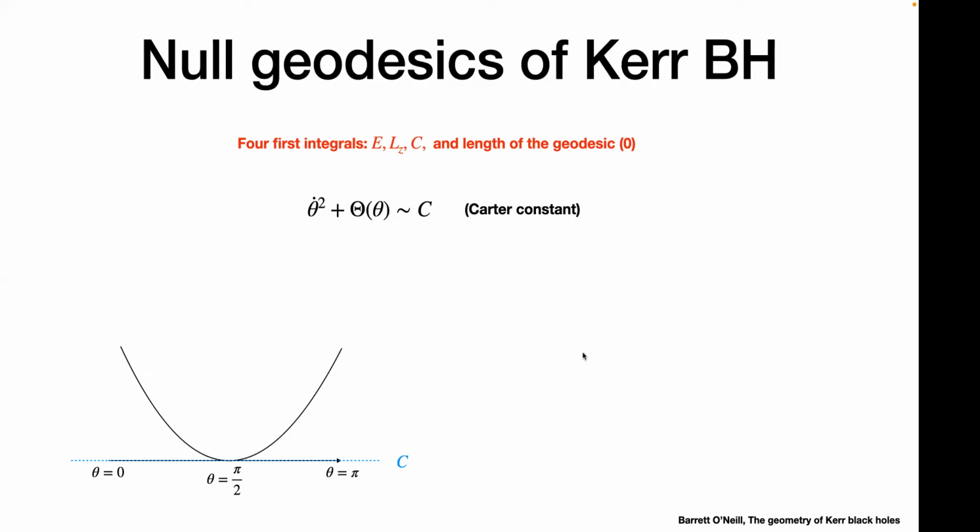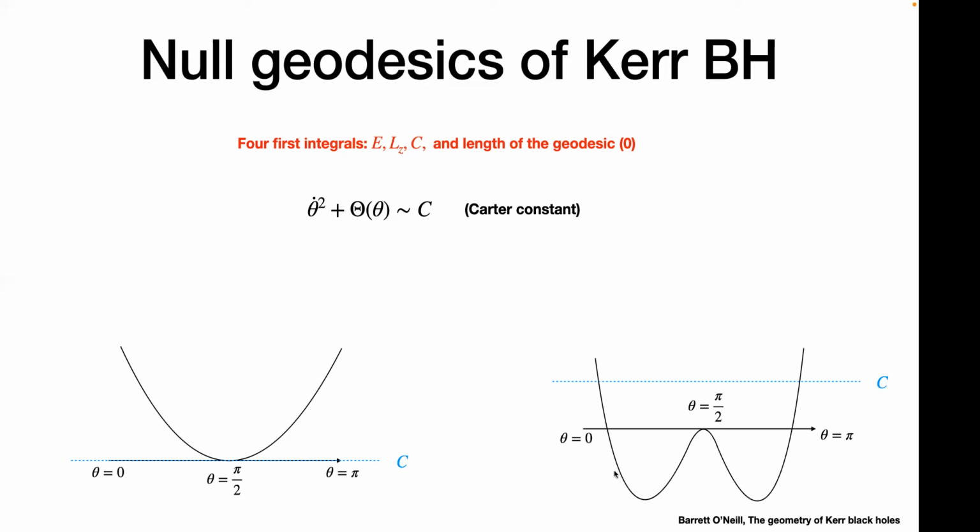In the other scenario, we have this kind of potential. Again, if we put the Carter constant here, the null geodesic will oscillate between the north and the south hemispheres. Again, if we have this special system, there is an unstable motion within the equatorial plane.